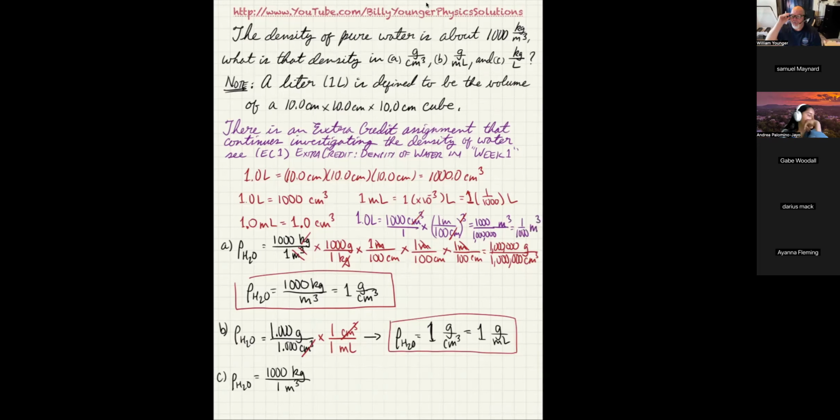So this liter is the perfect thing. It's dead center between a cubic centimeter and a cubic meter. In fact, 1 liter is 1,000 cubic centimeters, but 1,000 liters is a cubic meter. So that's what we've discovered: 1,000 liters is equal to 1 cubic meter.